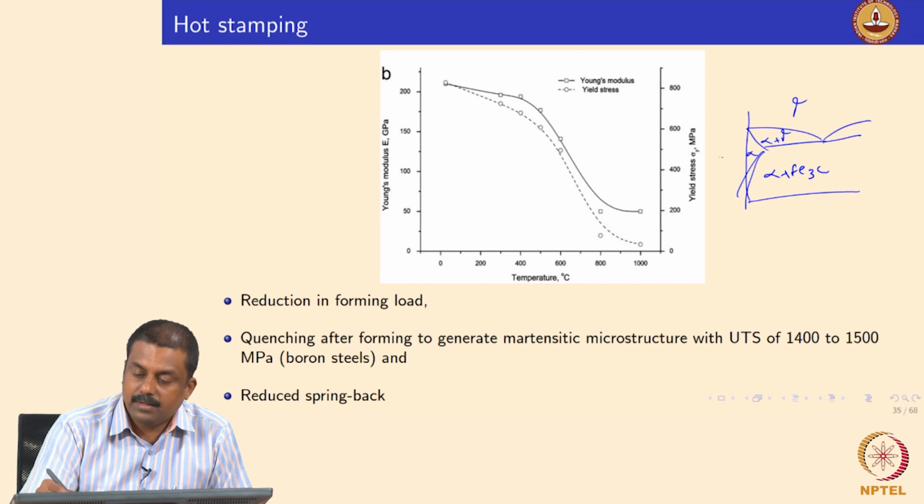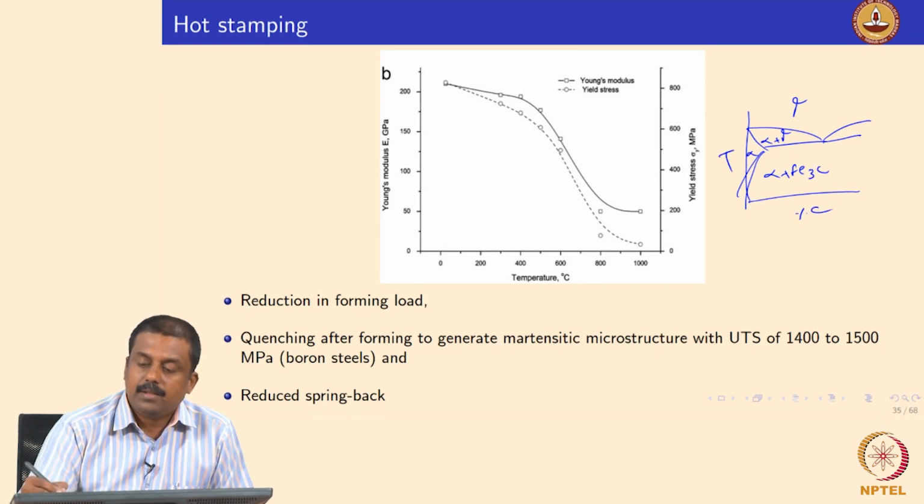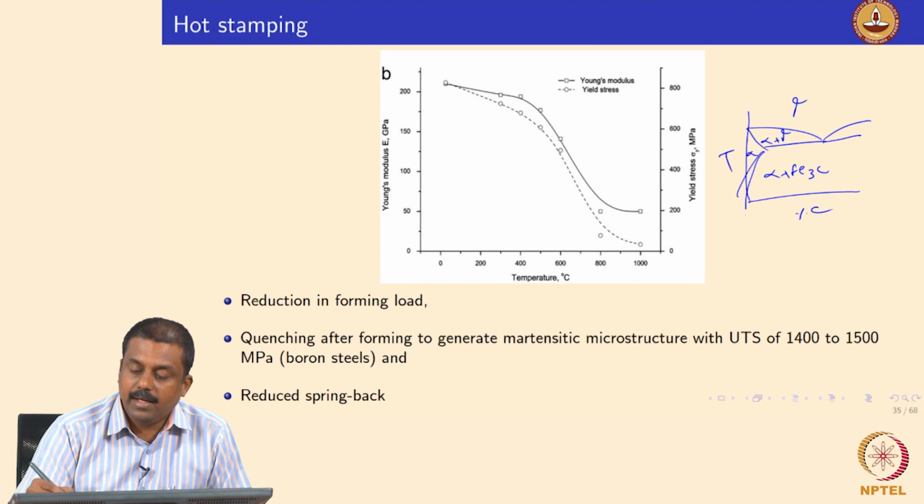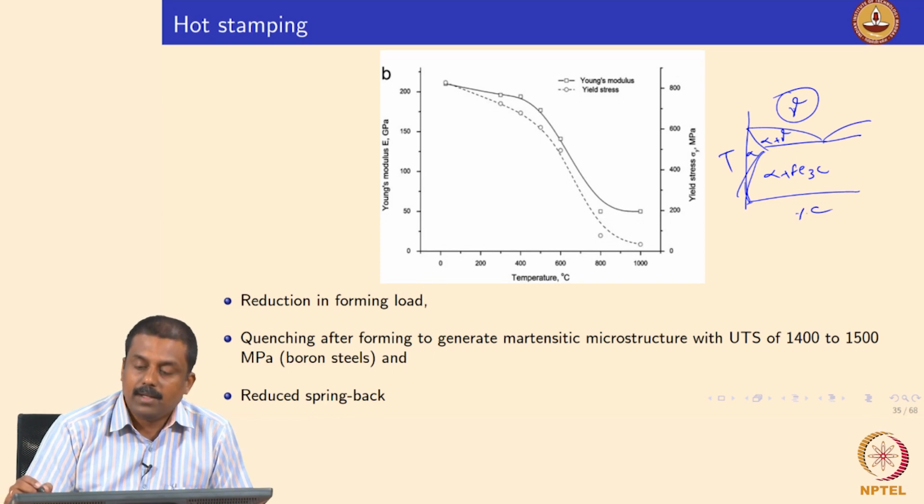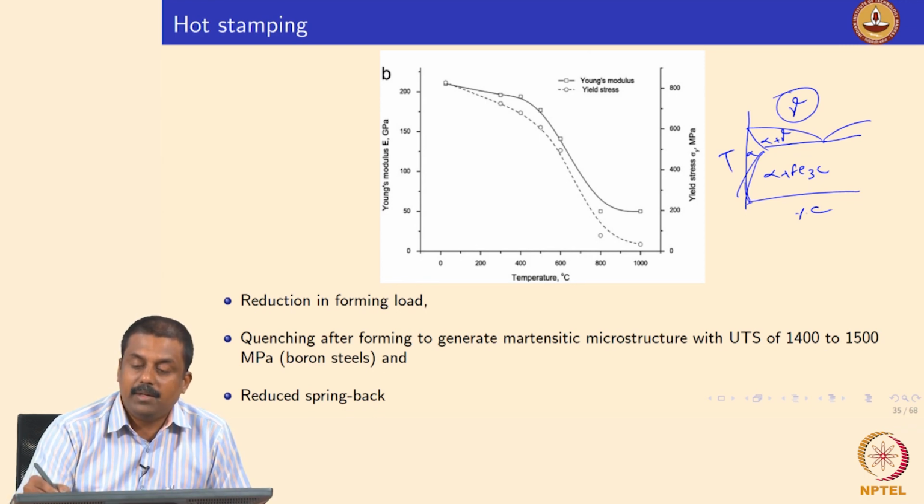So we heat up a microstructure containing ferritic pearlitic to a single-phase austenitic region, and then we do a deformation. What advantage would you gain by carrying out deformation in the austenitic region?